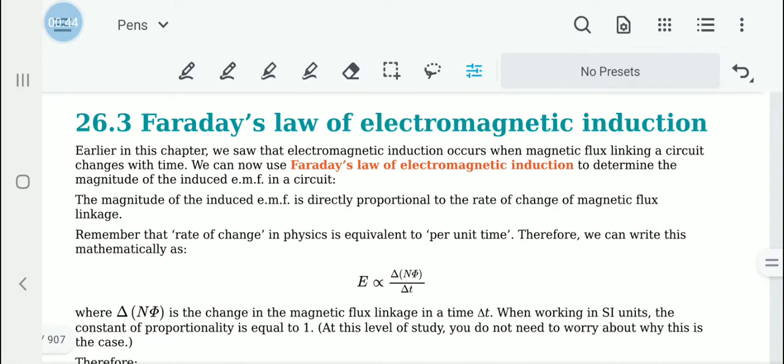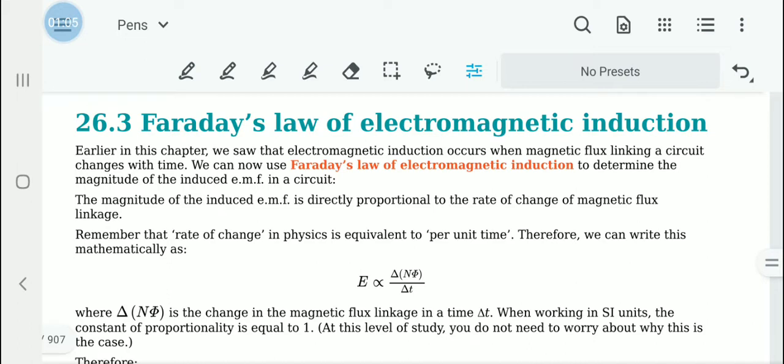The changes that happen will change the EMF. The EMF is directly proportional to the rate of change of magnetic flux linkage. So that means the higher the change, the higher the EMF.